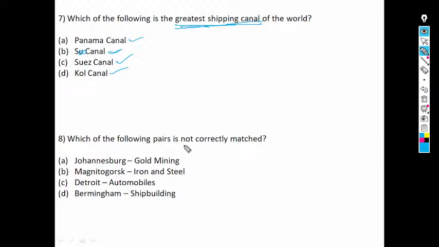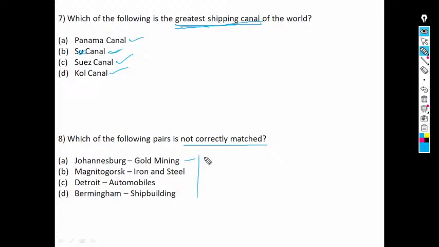Which of the following pairs is not correctly matched? Johannesburg gold mining, then Magnitogorsk iron and steel, Detroit automobiles and Birmingham shipbuilding.